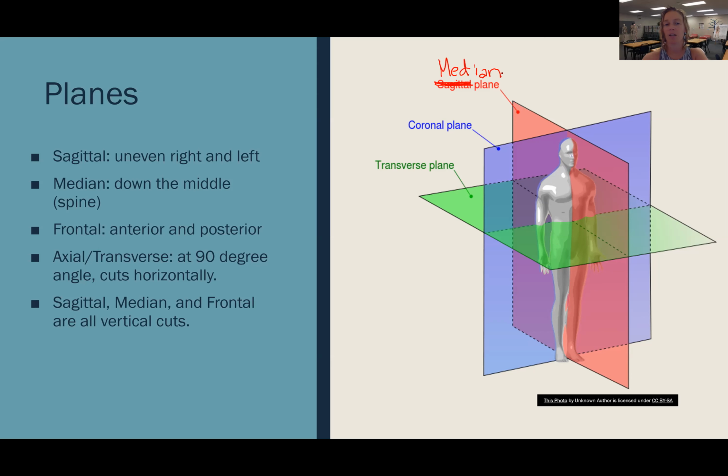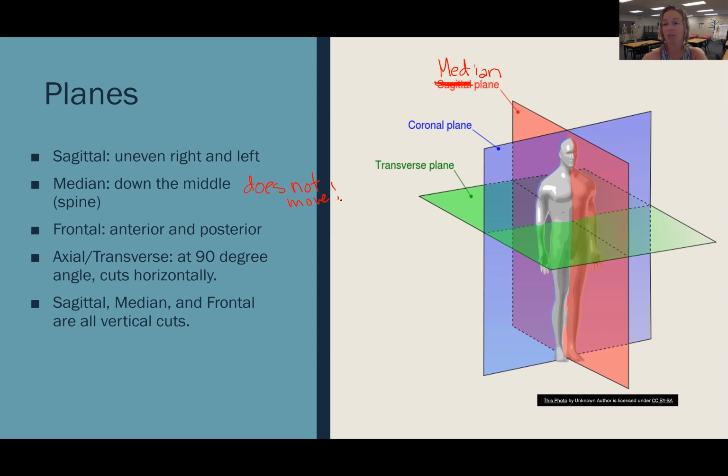and now we want to know what is sagittal if that's not sagittal, right? So sagittal can move right and left. Median is our midline of the body, so that does not move, it stays put. It follows your spine all the way down and it does not move. Median does not move. Okay, sagittal, uneven right and left.